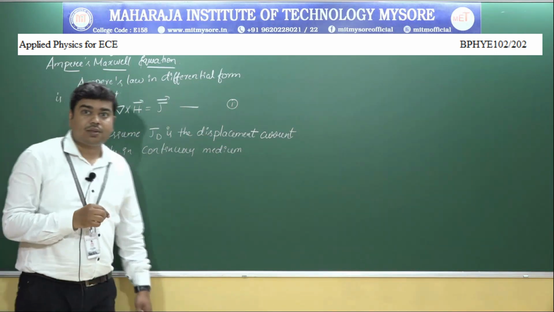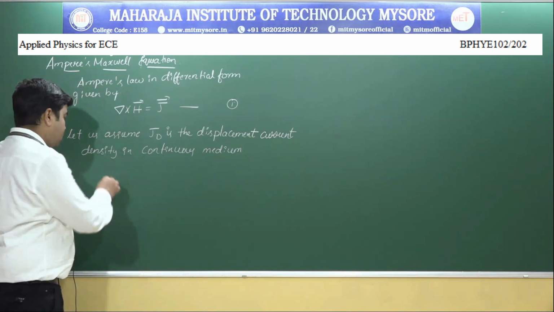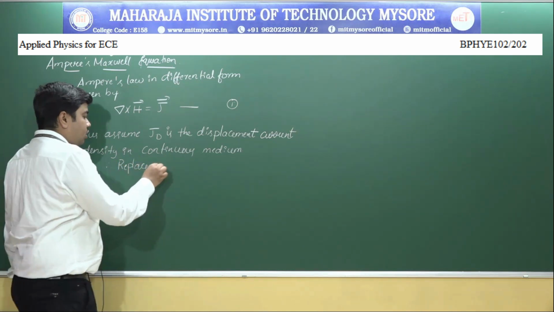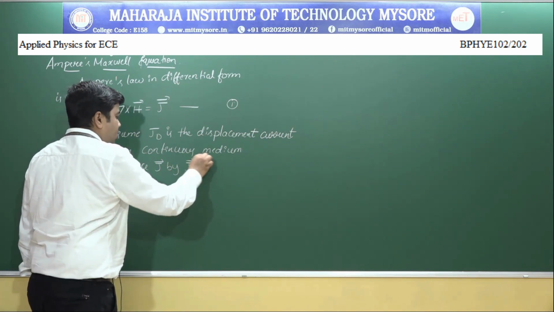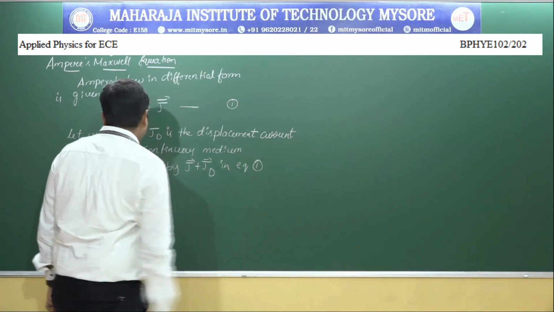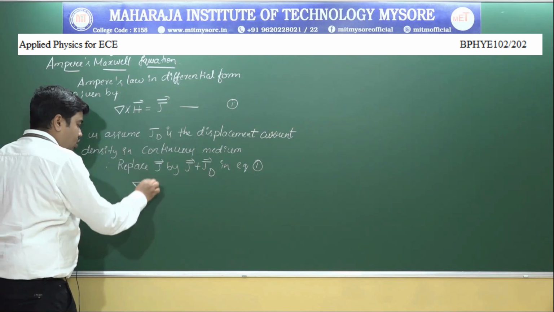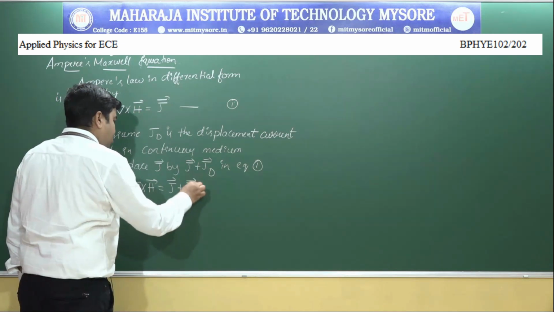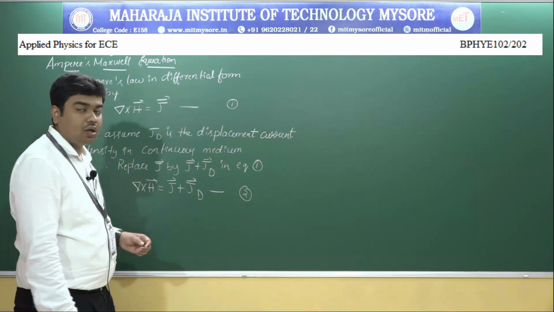So if we consider J subscript D to be the displacement current density in the continuous medium, replace J by J plus JD in equation 1. So we will get del cross H is equal to J plus JD, we will call this equation 2.